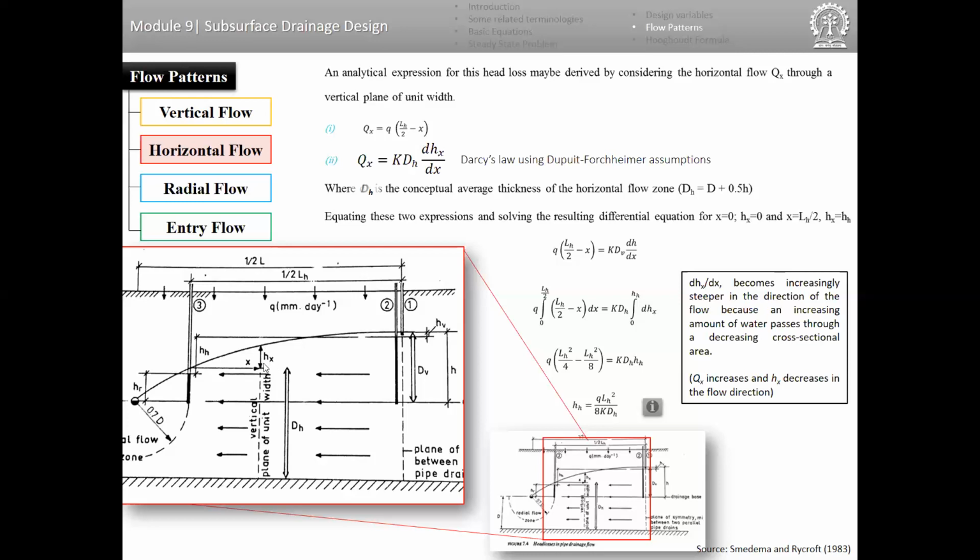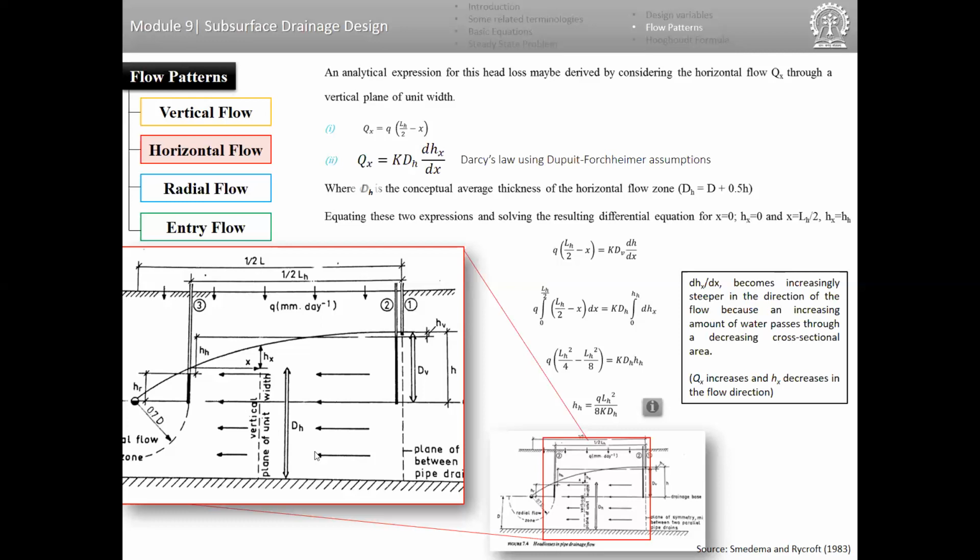So dHx by dx tells how the horizontal head loss Hx is changing with respect to x, so it is actually your hydraulic gradient. This DH is your conceptual average thickness, which is given by D plus H by 2.